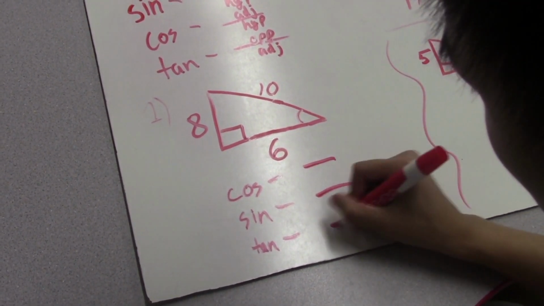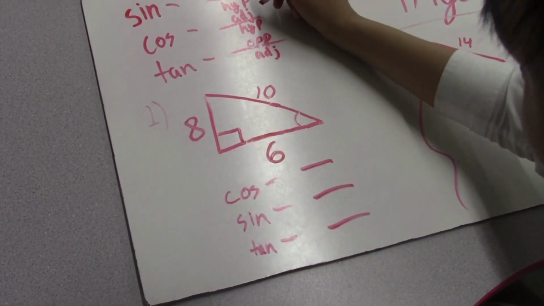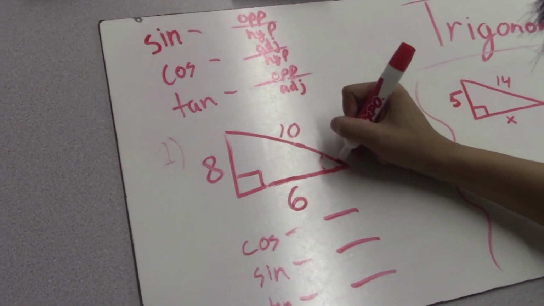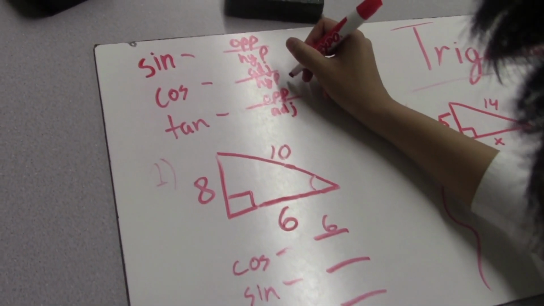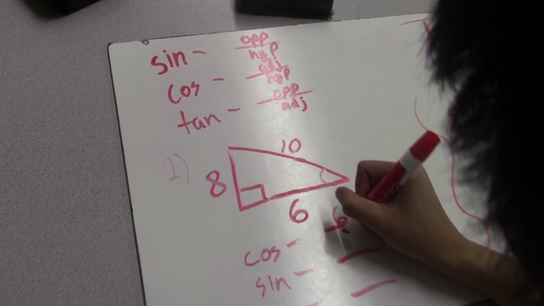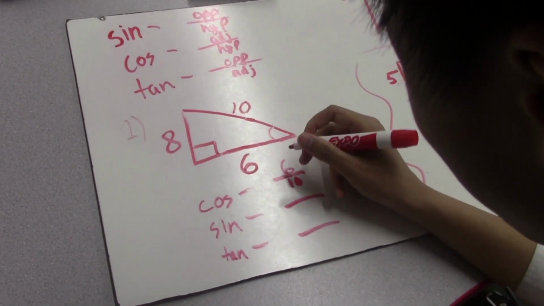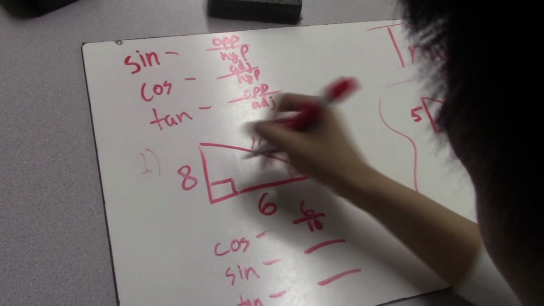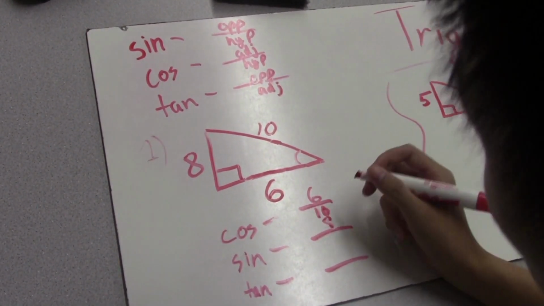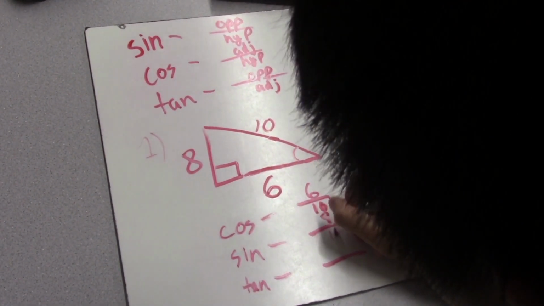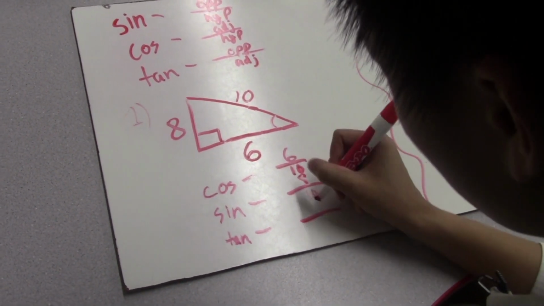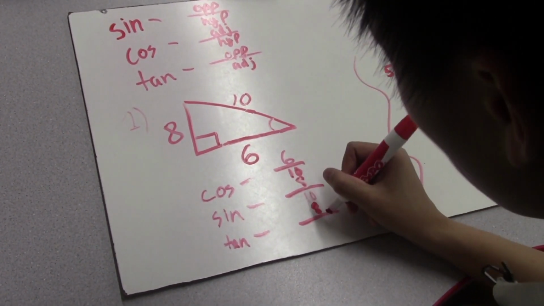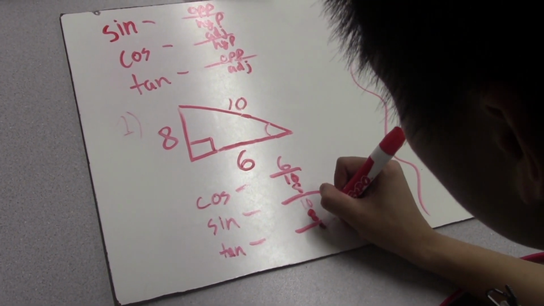So, in order to see cosine, you look up here. So, adjacent of the angle would be 6, and the hypotenuse would be 10. And then the sine would be opposite, which would be 8, over hypotenuse, which would be 10, and then tan would be opposite over adjacent, so 8 over 6.